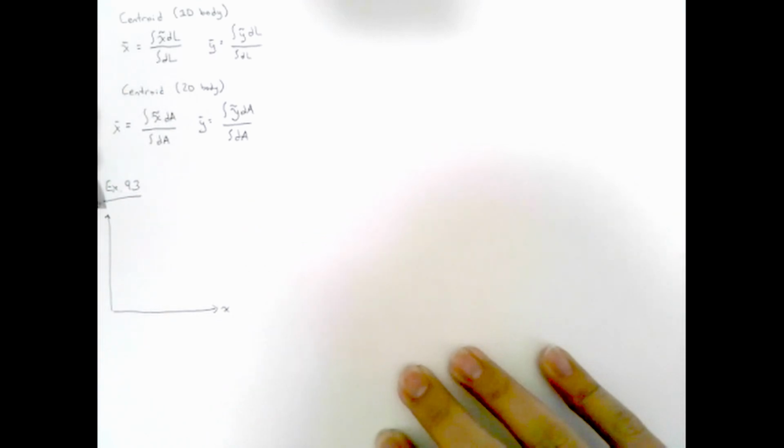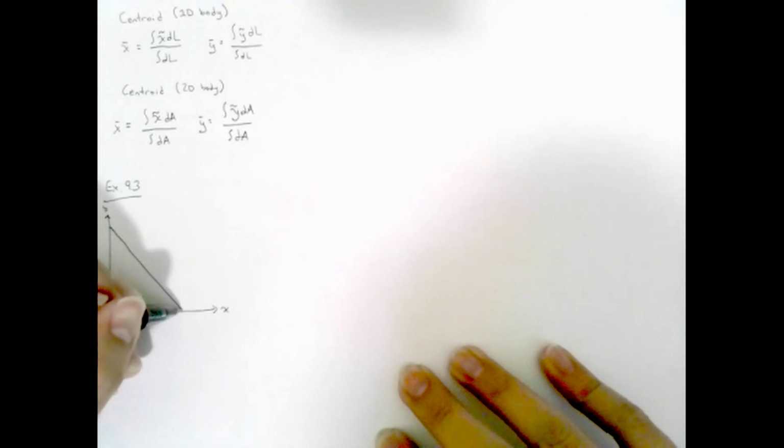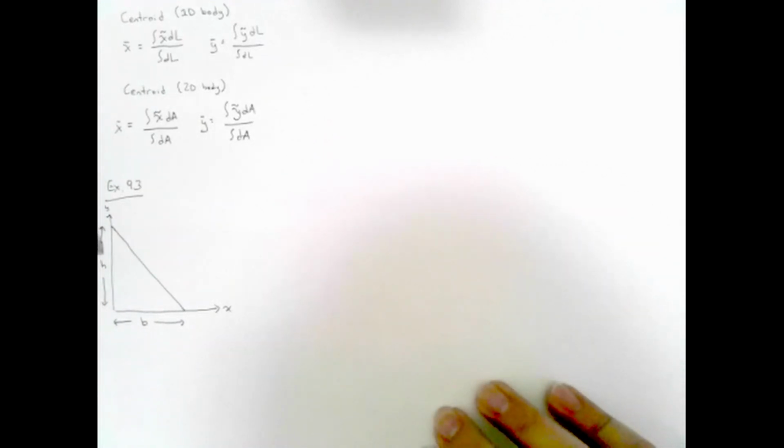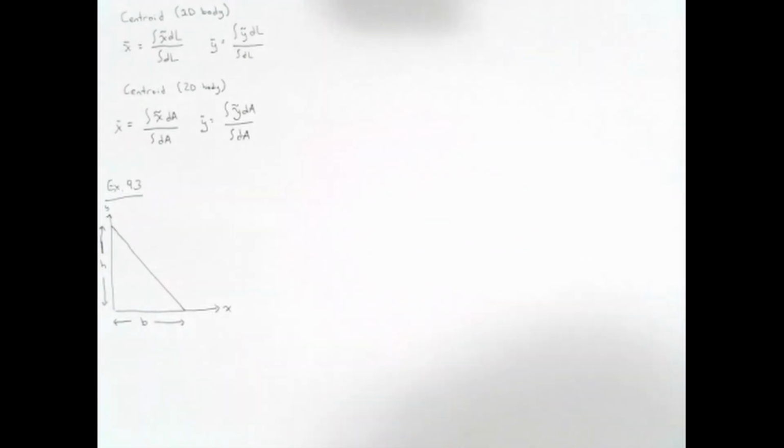So I'm going to draw a right triangle in the xy plane. And let's say that this right triangle has a base of b and a height of h. So we're going to keep this as generic as possible. So base of b, height of h. And we want to find the coordinates to the center of this right triangle.